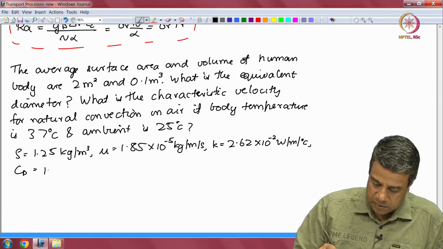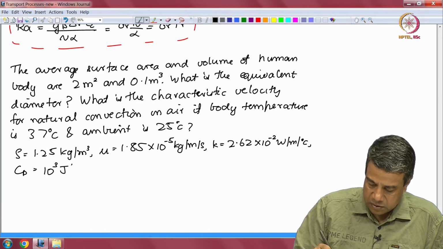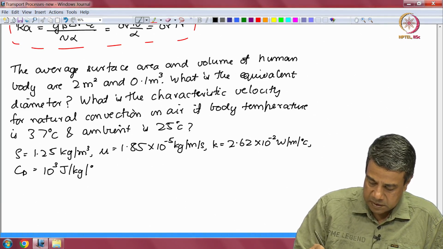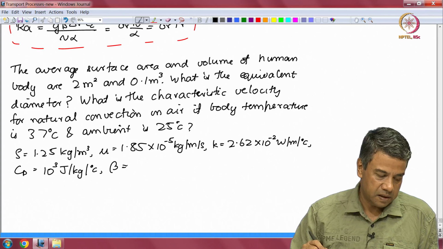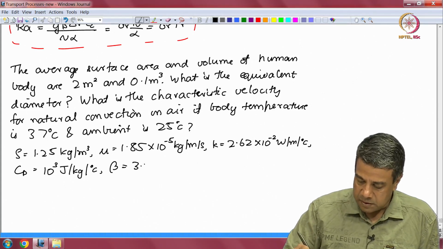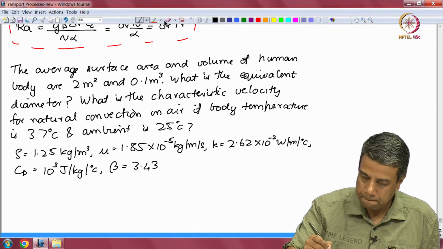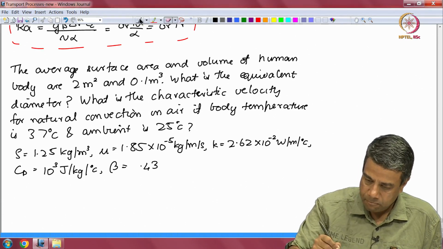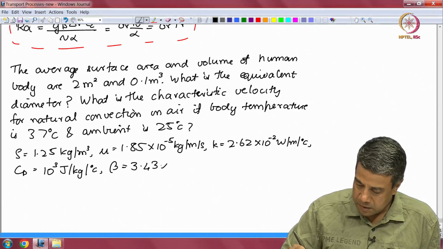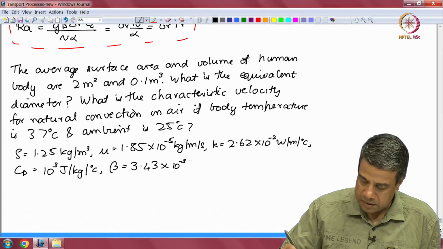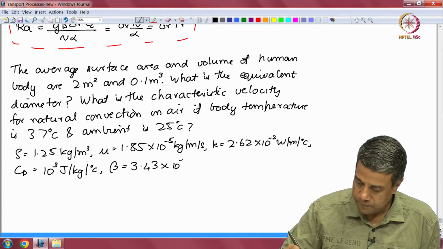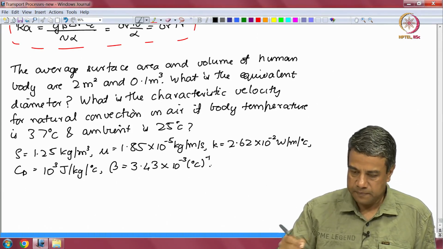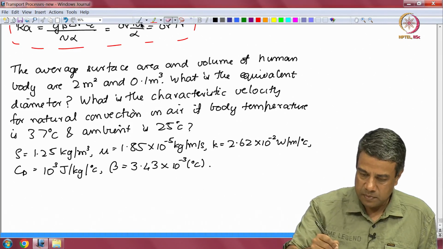Cp is equal to 10 power 3 joules per kg per degree centigrade, and the thermal expansion coefficient in air is 3.43 into 10 power minus 3 per degree centigrade. Okay. So, these are the properties.